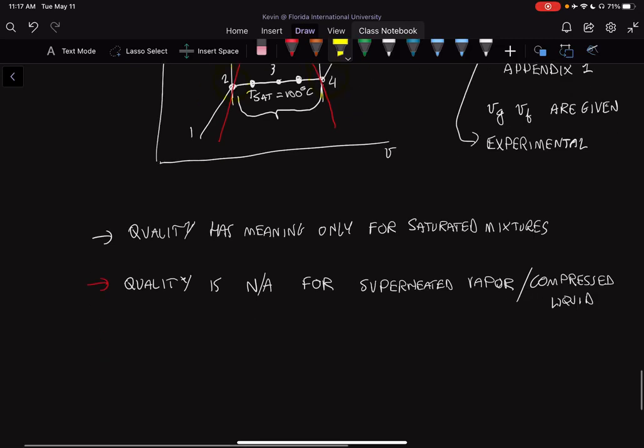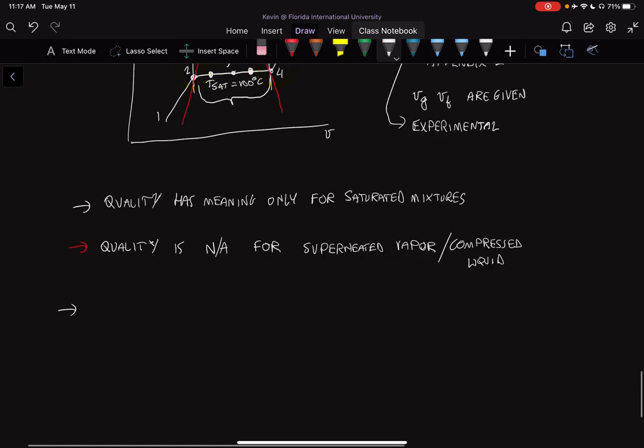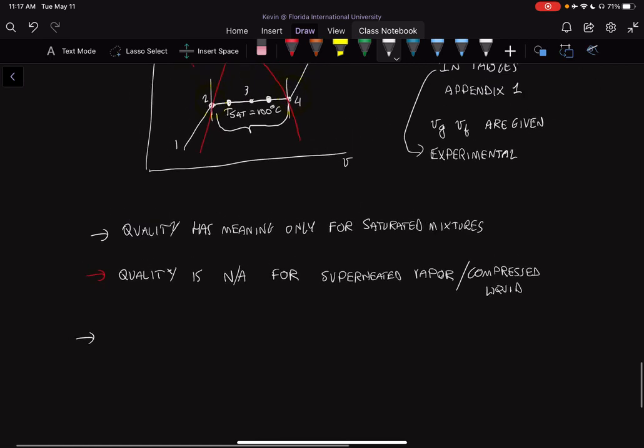And the value of the quality, since quality is sort of a percentage, mass of vapor over mass total, is between 0 and 1.